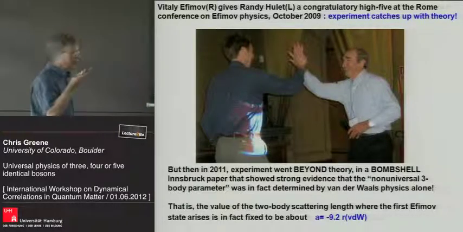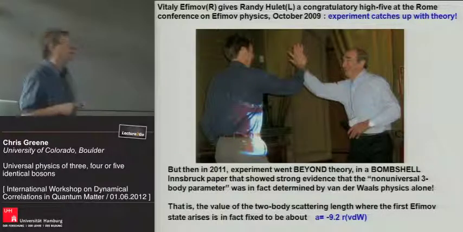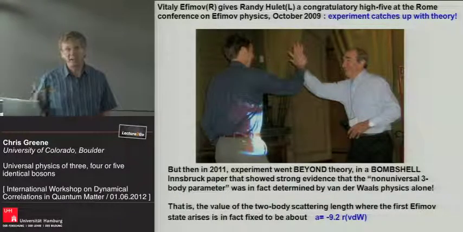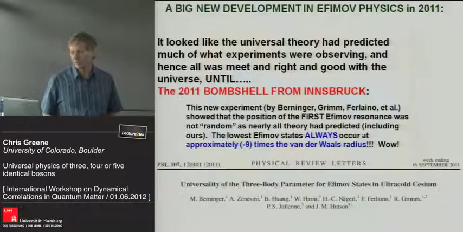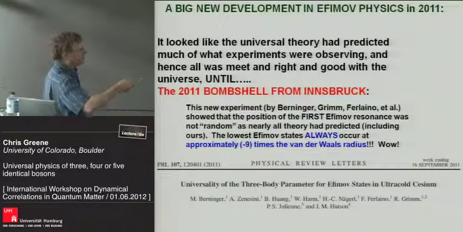It was always around minus 9.2, plus or minus 15, 20%. And this was a huge surprise to us and to, I think, almost the entire theory community working in this field. This is their Physical Review Letter.